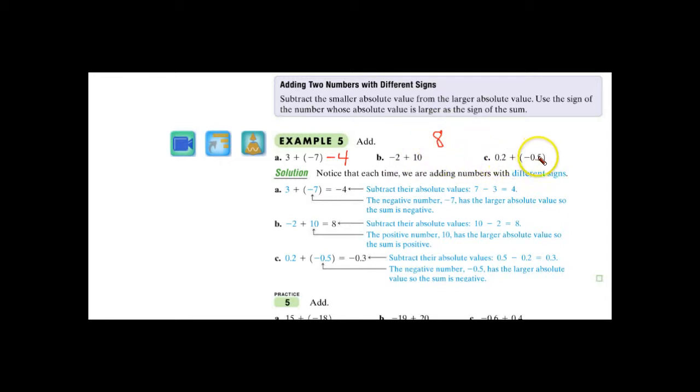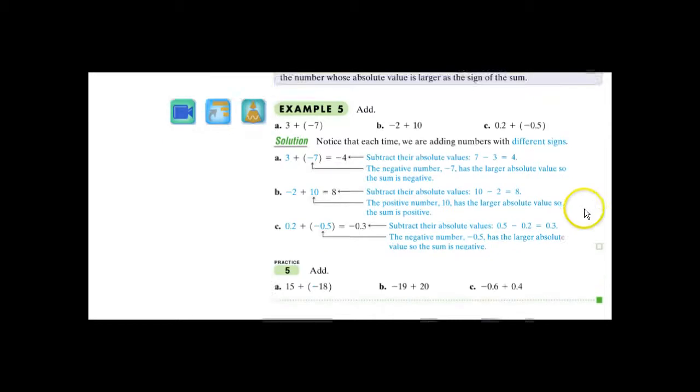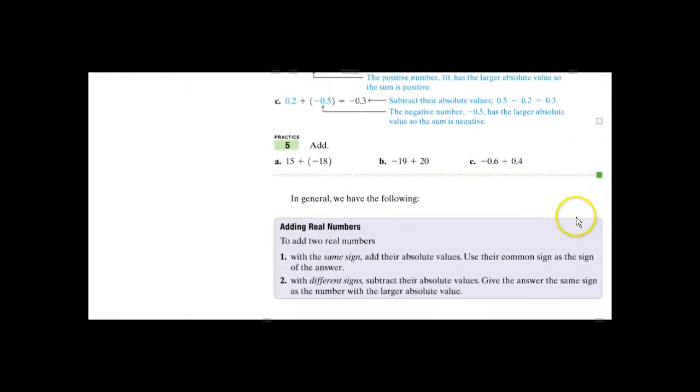Now here, the larger absolute value is this. When we subtract that, we get 0.3, and we use the sign of the larger absolute value. Now, if you're checking this using your calculator, just plug the signs in and the calculator takes care of it. But you want to know the principle behind it.